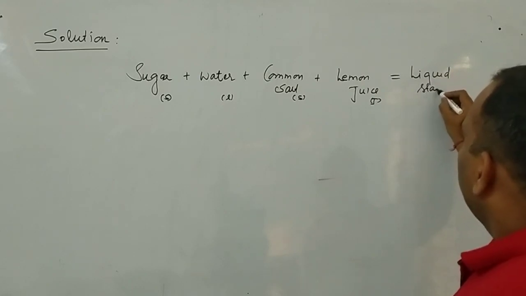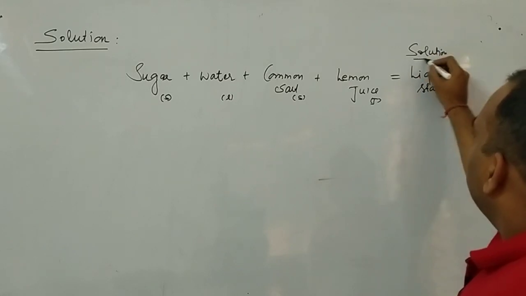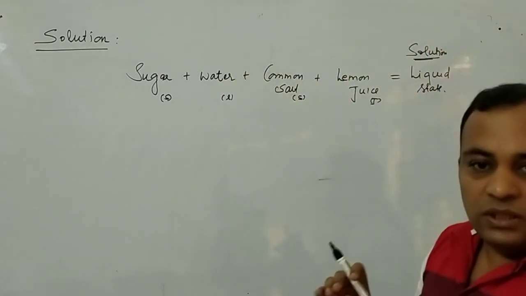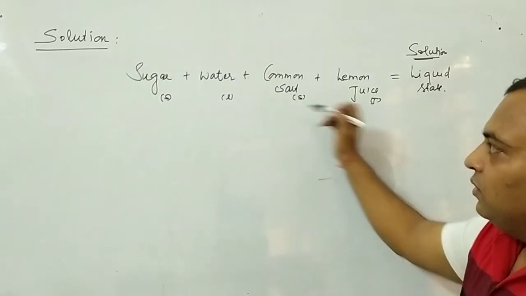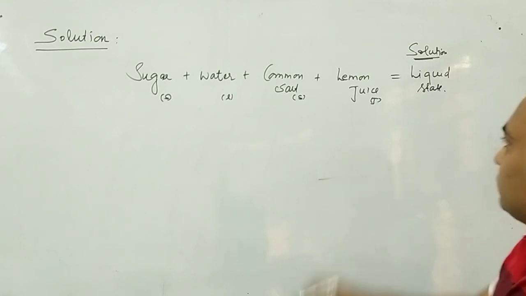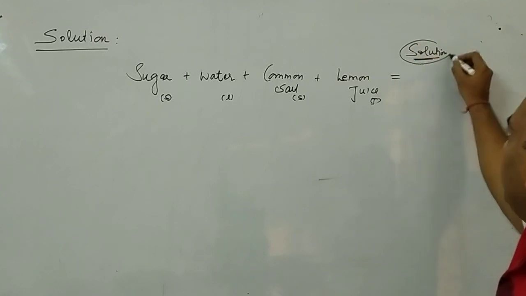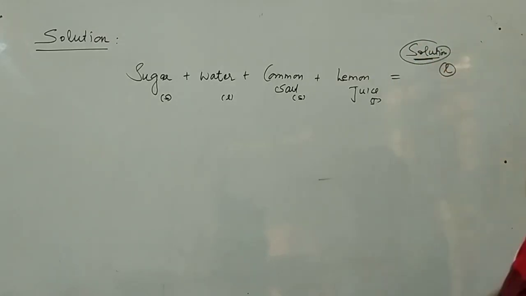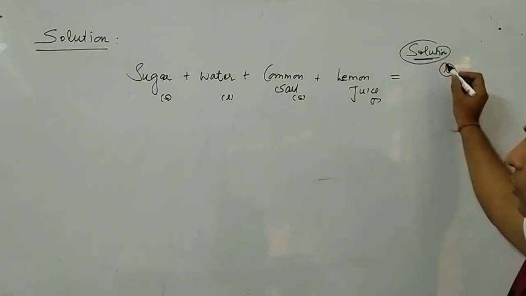And this whole is said to be the solution. When we mix these substances, sugar, water, common salt and lemon juice, what I got is the whole solution in liquid state.